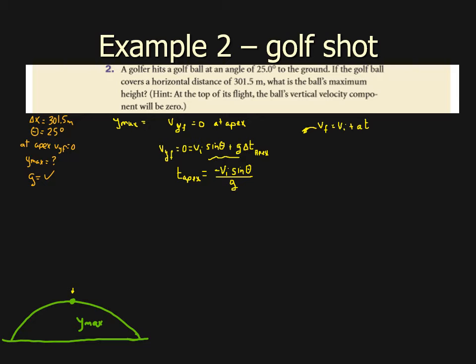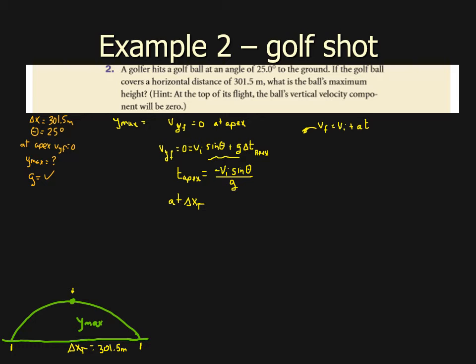Alright, so what else do I know? Well, I know that delta x total, and then delta x total down here on my diagram, is the entire range, and that's of course my 301.5 meters. And what do I know with the entire total range?